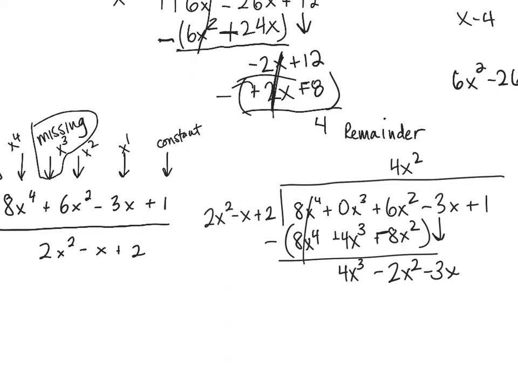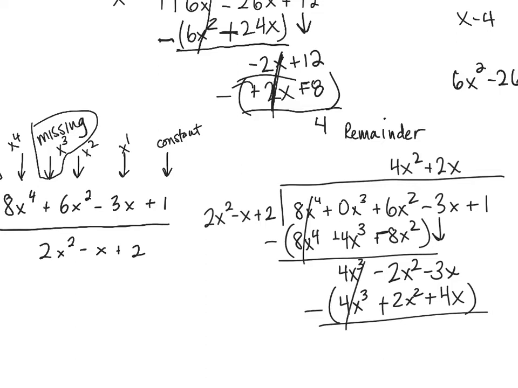Now we're looking at 2x squared into 4x cubed. And that goes 2x times. So now it's just the 2x that we multiplied to that expression. So 2x times 2x squared is 4x cubed. 2x times negative x is negative 2x squared. And then 2x times 2 is 4x. So now we draw the line there, subtract.